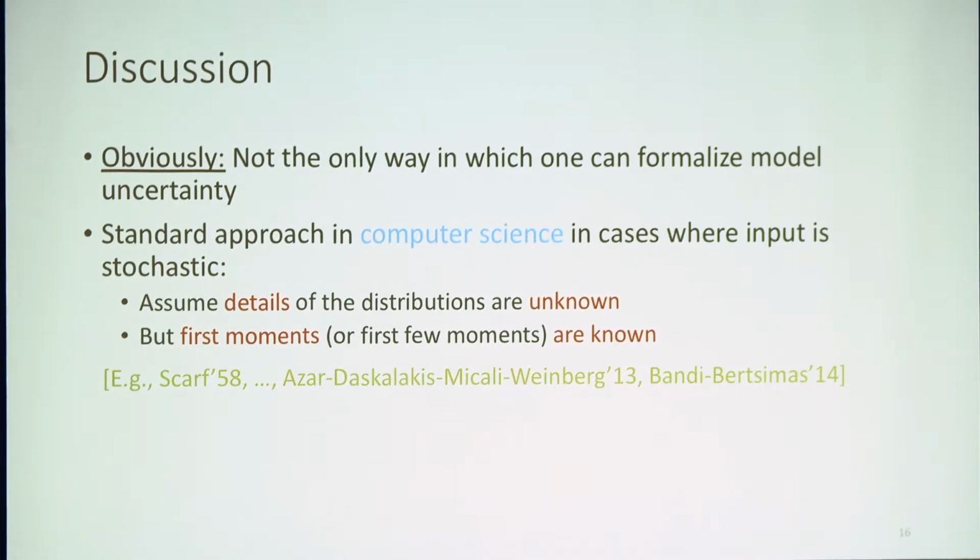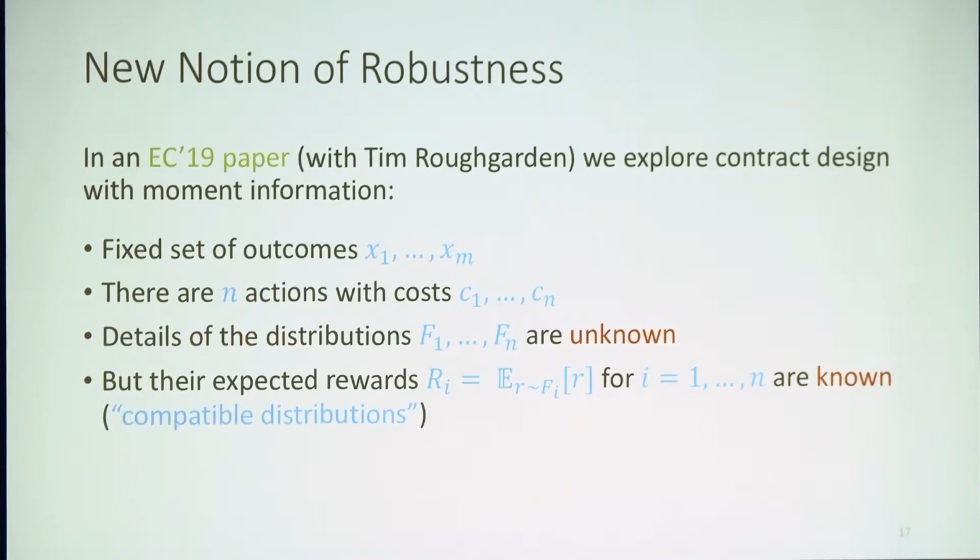I think the first reference that we could find was this seminal paper by Scarf on robust stochastic programming. It has been looked at in prior-independent auction design, so in AGT. So is this maybe a potential way in which a computer science perspective could add to the literature? And indeed, in an EC'19 paper with Inbal and Tim, we looked at exactly this question.